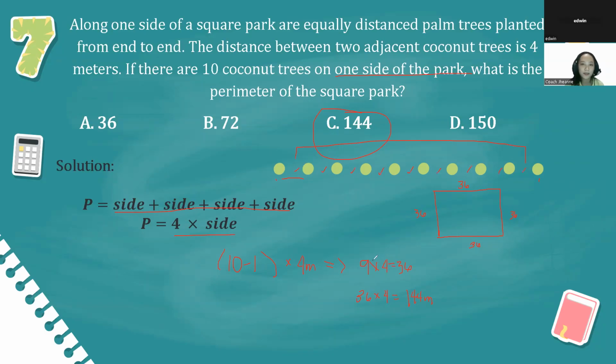So that is a trick: every time we want to solve for the distance between two objects, we always subtract 1 from the number of objects. Did you get that? Okay. Can we continue?